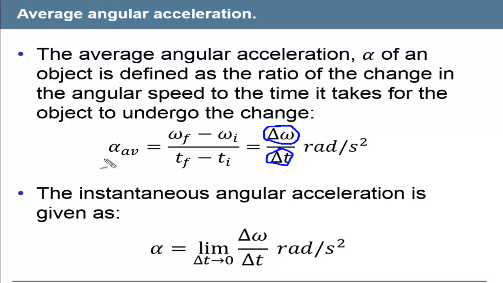And the average rotational acceleration is our change in angular velocities divided by the time, or the instantaneous angular acceleration would be, again, the limit as this time interval goes to 0. So as we get a very, very small time, our change in angular velocity in that very small time interval would be considered the instantaneous angular acceleration.